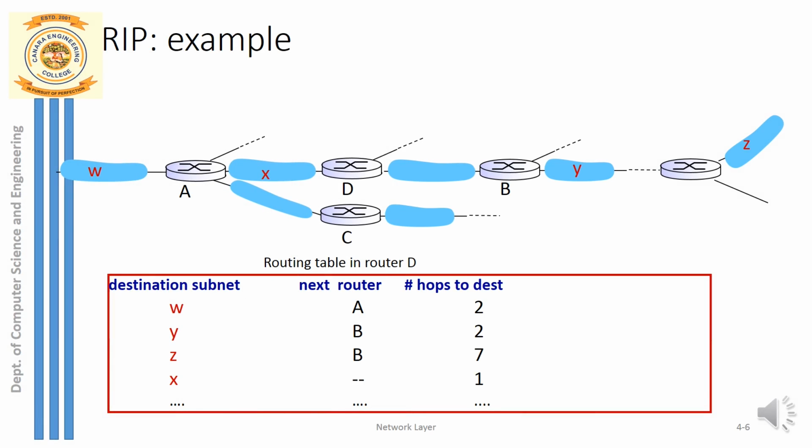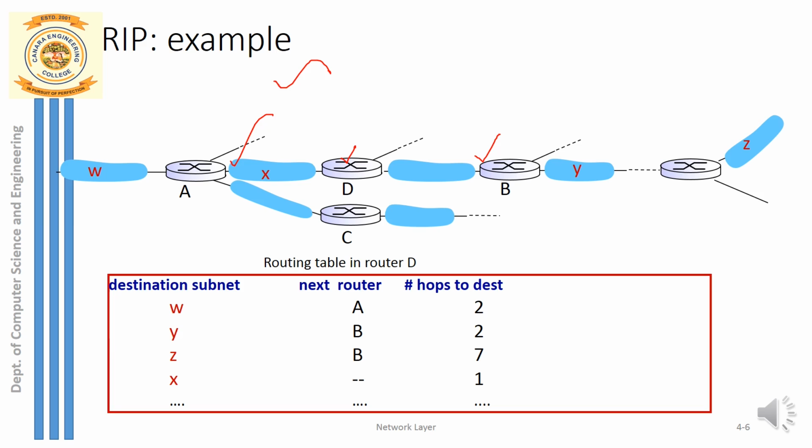Now we'll just see what happens in the same example, what happens when our router D gets the RIP ads from the neighboring nodes, that is A and B. So how the routing table changes, we'll see after it obtains the RIP ads from its neighbors.